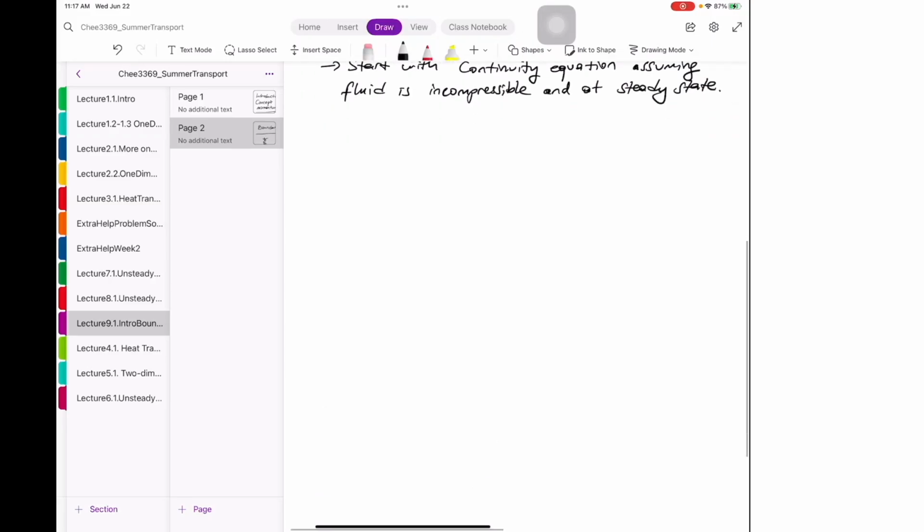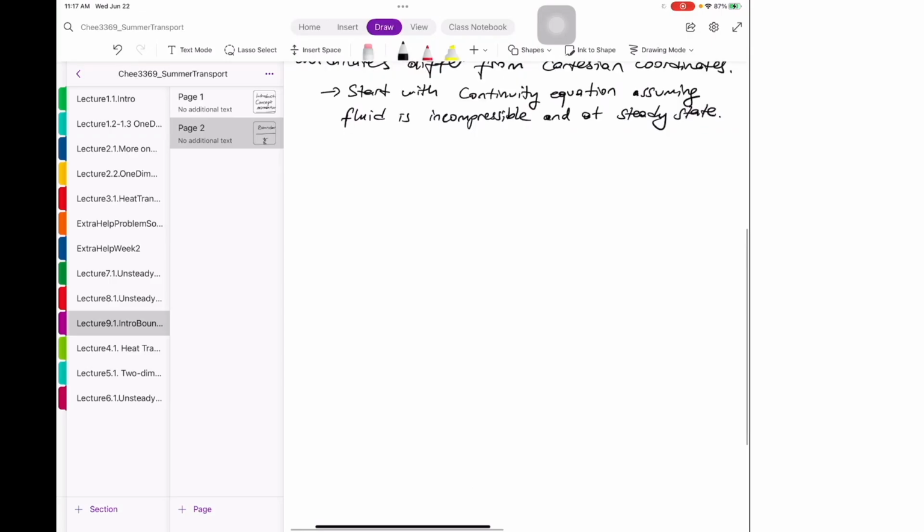Okay, so your system is not changing with time. So in that condition, the continuity equation gives you del Vx over del x plus del Vy over del y is equal to 0.